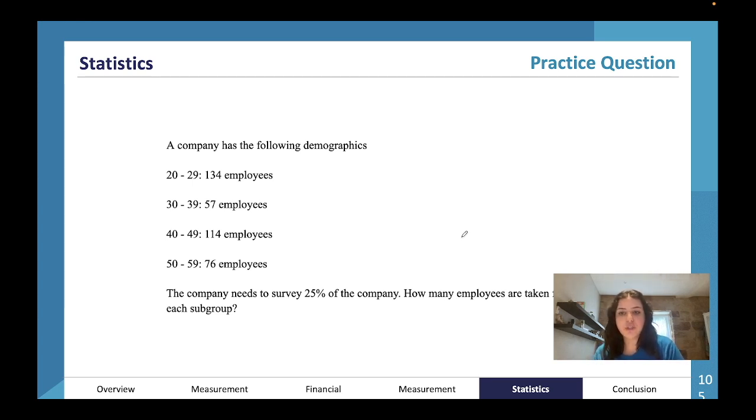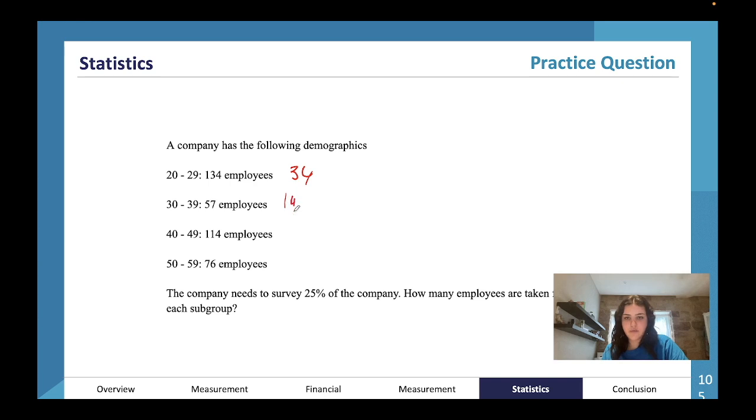So we need to find what 25% of each of these are to find the total 25%. So we need to do 134 times 25% gives us 33.5. So we're going to round to 34 employees from this group. Then we need to do 57 times 25, which is 14.25.